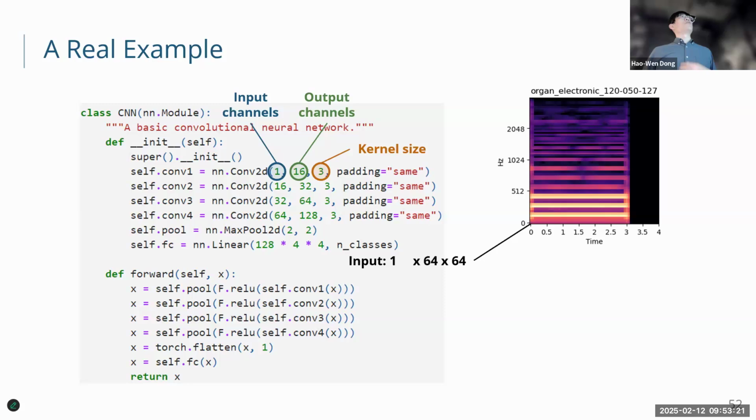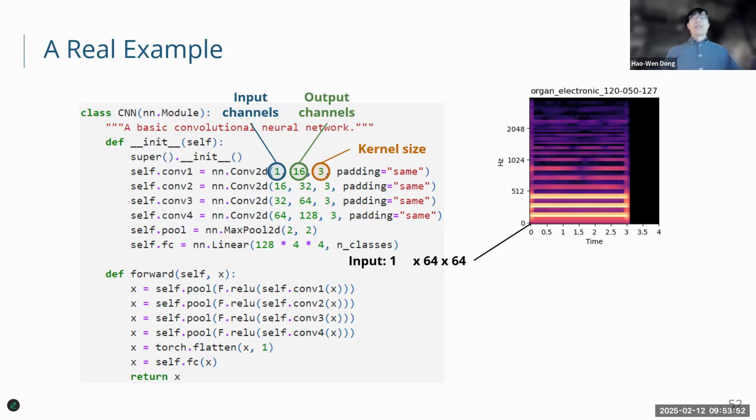So imagine your input will be 64 by 64. This is the case we were dealing with in our homework. It's a spectrogram. I've already processed it into 64 by 64 images. So we can pretend it's something like images, even though it's not, but that's sort of the idea. And CNN doesn't actually have any assumption whether it's an image or a spectrogram.